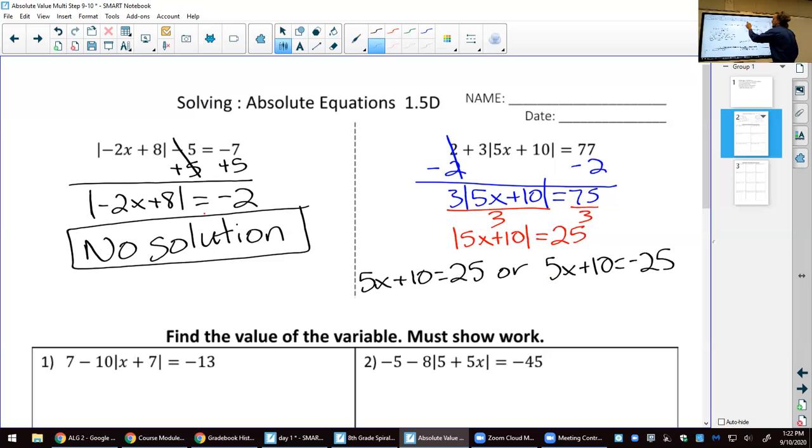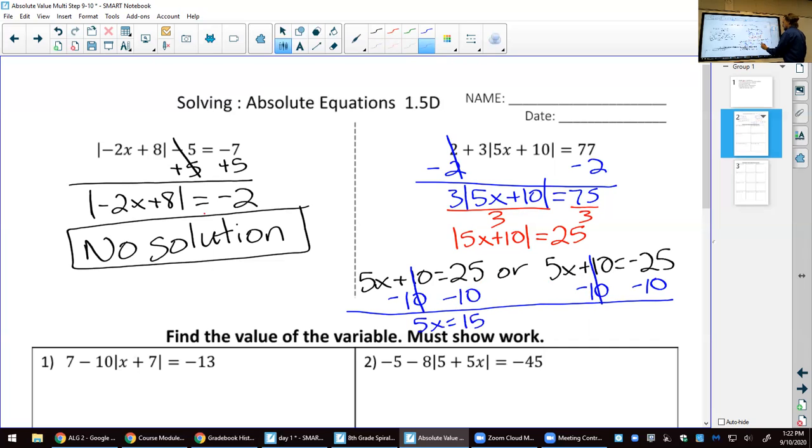Okay? So to solve this, we have to then subtract 10 from both sides of both equations. I'm definitely going to run out of room. So we have 5x equals 25 minus 10 is 15, or 5x equals negative 25 minus 10 more is negative 35.